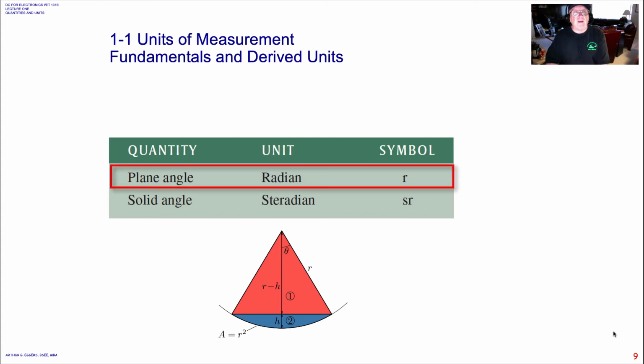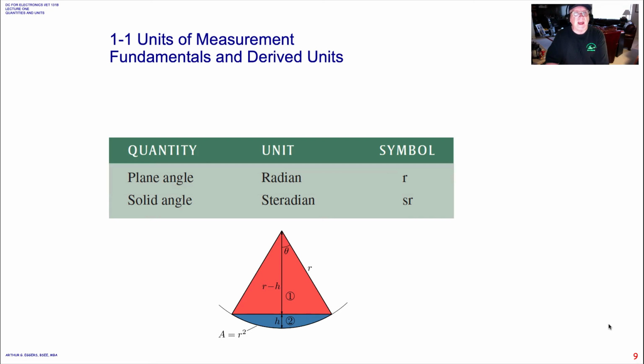In terms of angles, as we move on in this course, you will be getting into the use of angles, and you will use degrees and radians. The quantity for an angle in a plane is a radian. That one we will be using a lot as we move along and get into the alternating current measures.